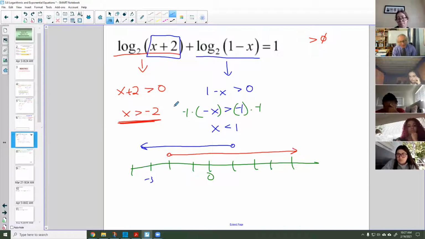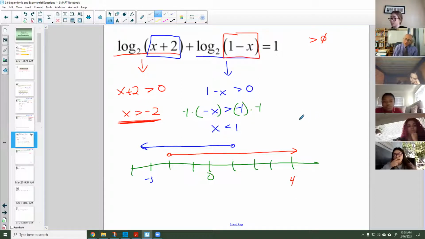So I can't do that. Similarly, what about something like +4? Well, that satisfies the red one, but it doesn't satisfy the blue one. If I said x equals +4, this wouldn't work. This would be a negative argument. Can't do that.